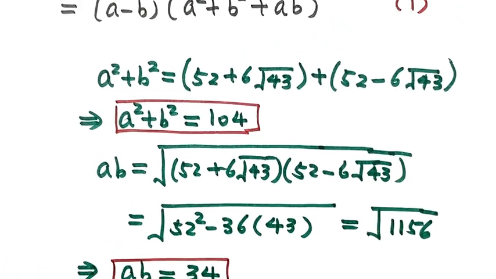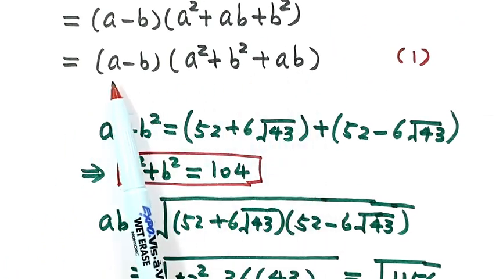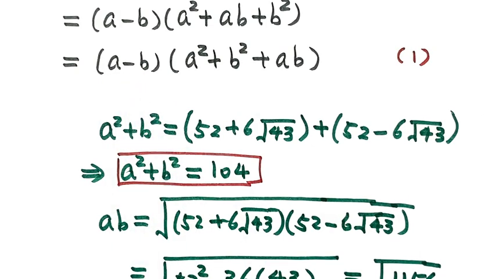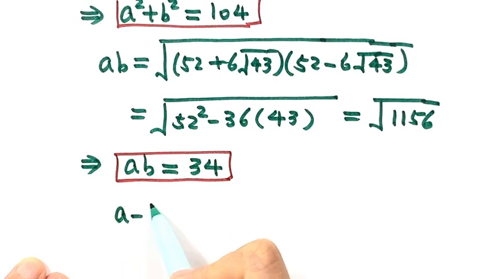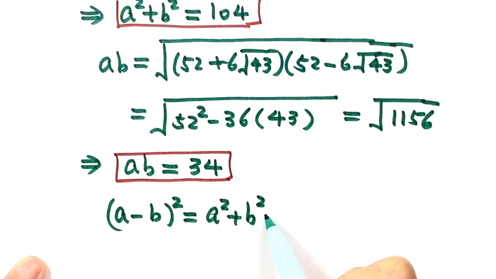So now we need to figure out what's a minus b. So then probably it's easier to figure out what is a minus b squared. Okay, so let's see what's a minus b squared. That's just a squared plus b squared minus 2ab.